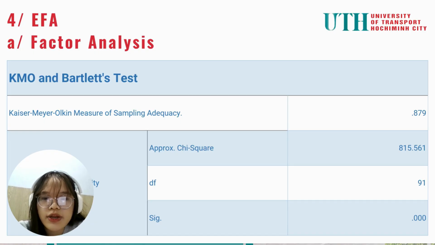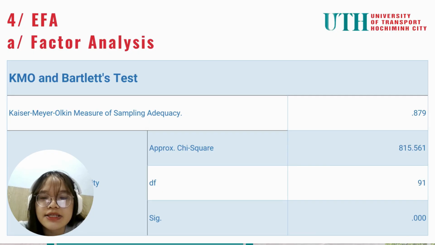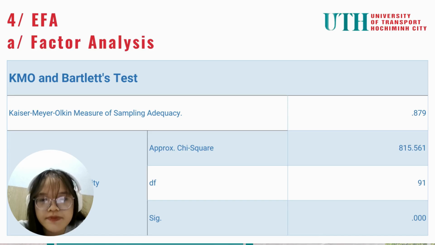Then, with a significance value below 0.001, SPSS displays this result as 0.000, but it should be interpreted as less than 0.001 rather than exactly 0. So therefore, the items had sufficient correlations for conducting the EFA.